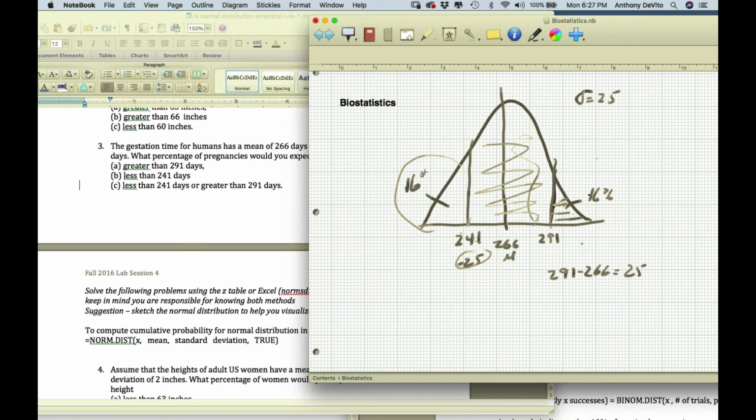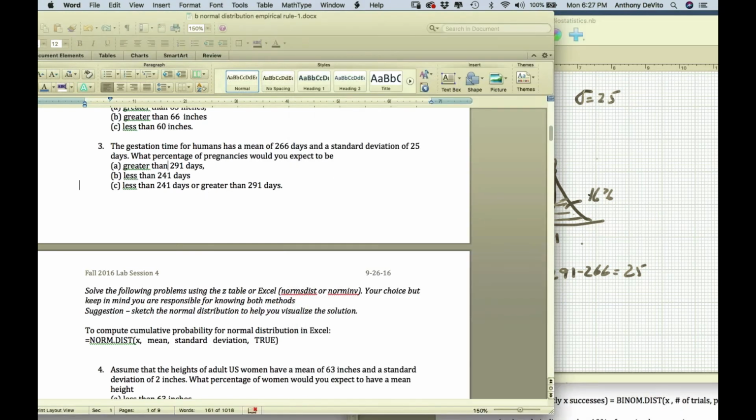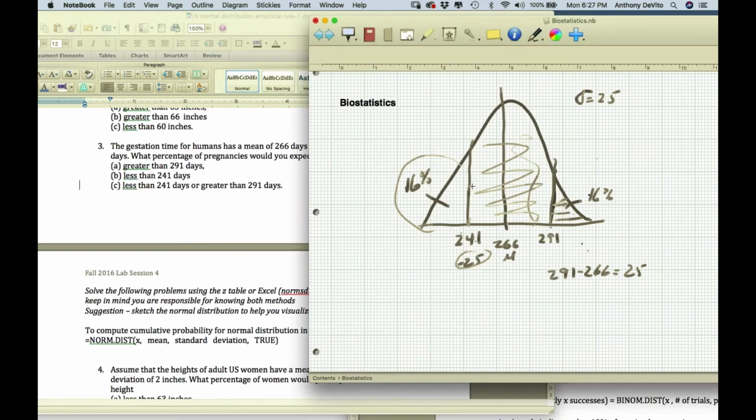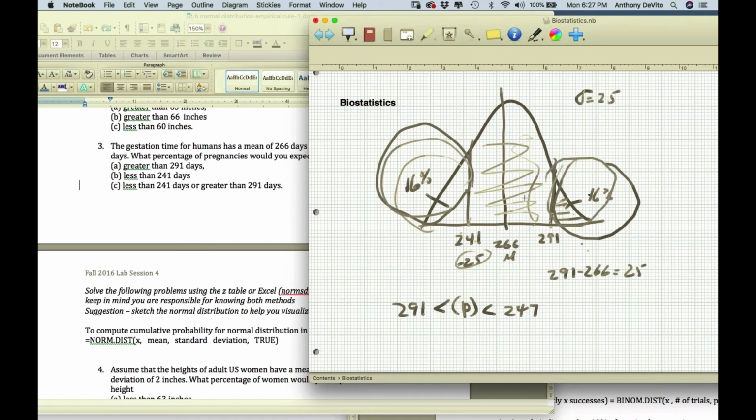Okay, how about the probability of less than 241 days or greater than 291 days? That means we have both possibilities, so the probability is going to be 16% plus 16%.